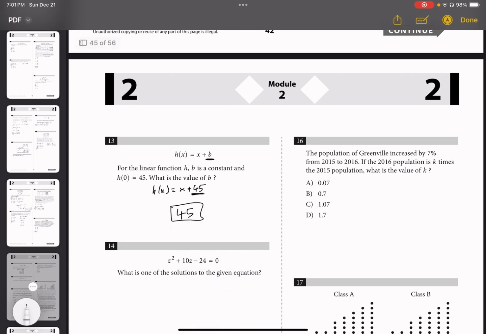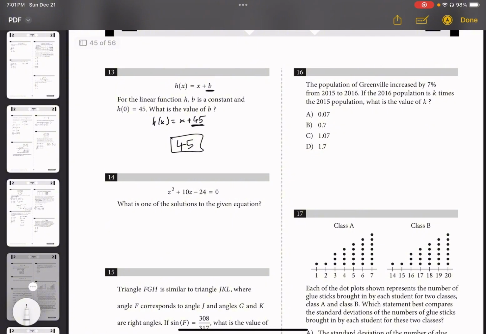Okay, question 14, what is one of the solutions to the given equation? So for this, we can either factor or use the quadratic. Now, if we try to factor, we need two numbers that multiply together to get negative 24, and when those two numbers are added together, they get 10.